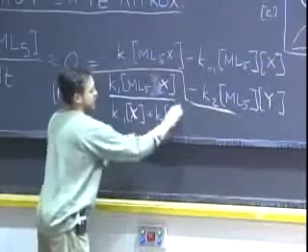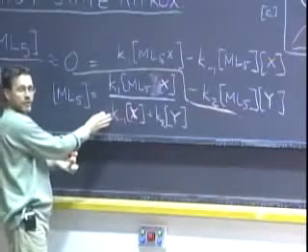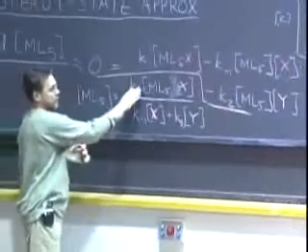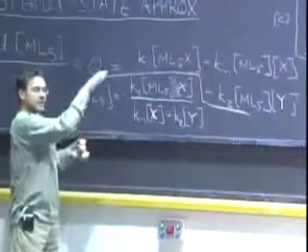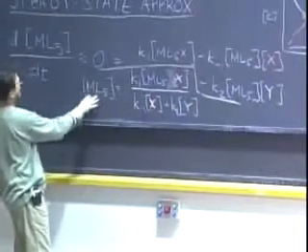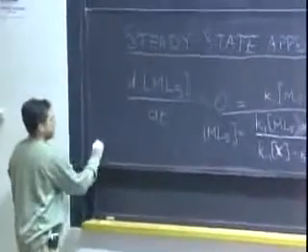The expression in the denominator has those two quantities that take us out of the well, and on the top we have the one quantity that takes us into the well from the starting materials. Now we have an expression for ML5 that we can plug into our expression for the rate.